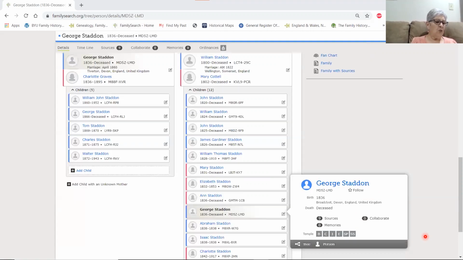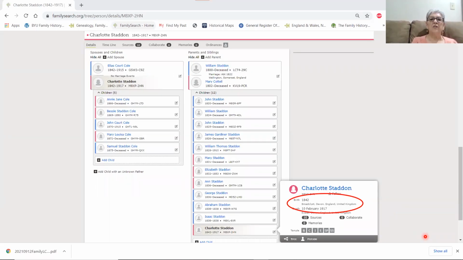Then I thought I would check out some of her other siblings. However, no, let's go back for just a second. There were some things that worried me a little bit about this family. Number one was, it did say that William was married to Mary Coddle, but it gave an about date of 1822 in Wellington, Somerset. And I thought, well, that's kind of strange.